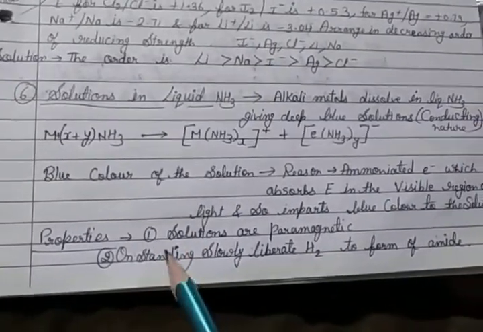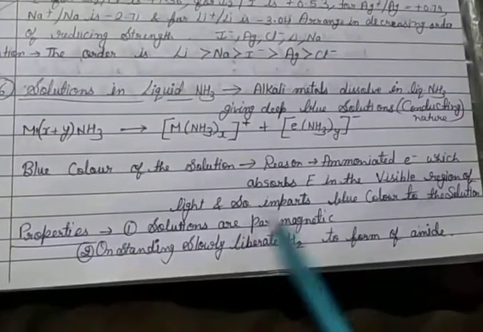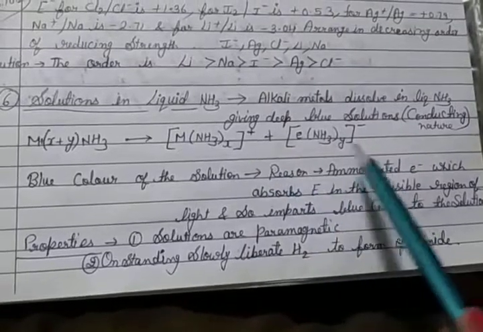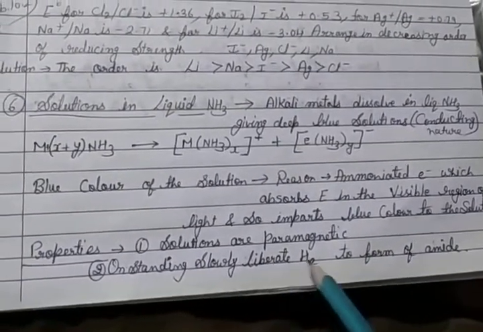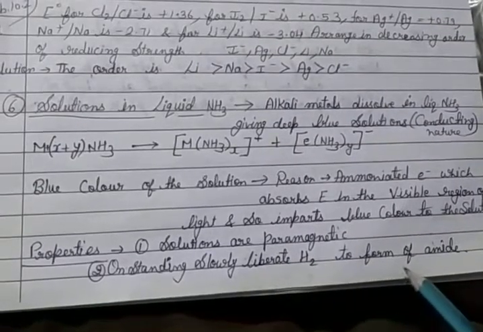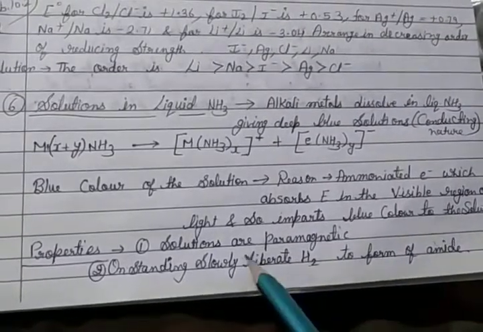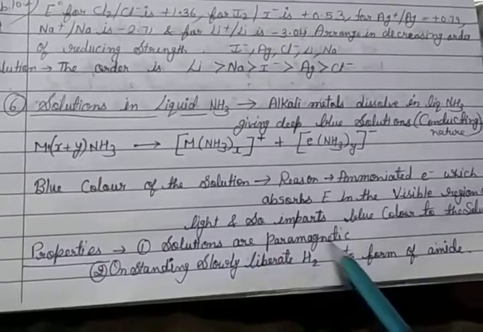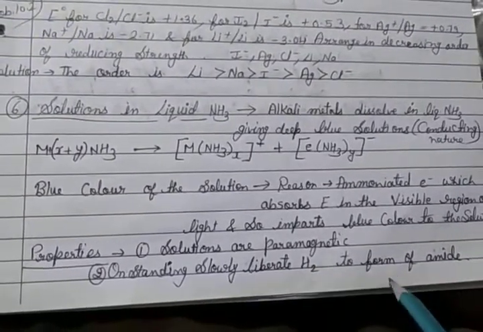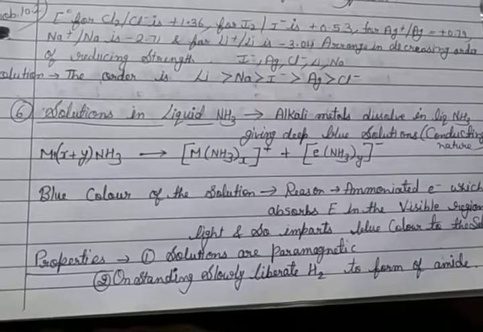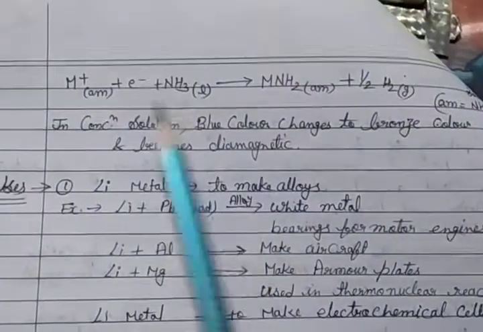Clear? The properties of this solution are that it is paramagnetic, and on standing slowly it liberates hydrogen to form amide.